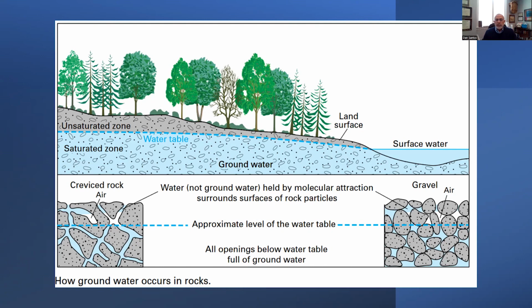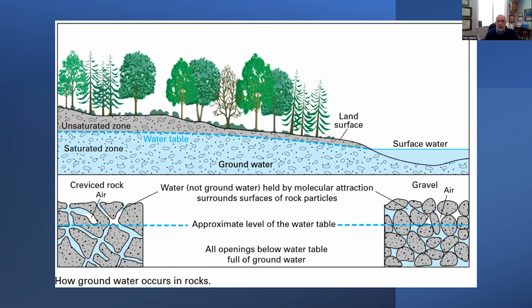Now, the Environmental Protection Agency calls aquifers that supply more than 50% of the fresh water supply in an area a sole source aquifer. And on Cape Cod, actually, the sole source aquifer provides 100% of our drinking water.